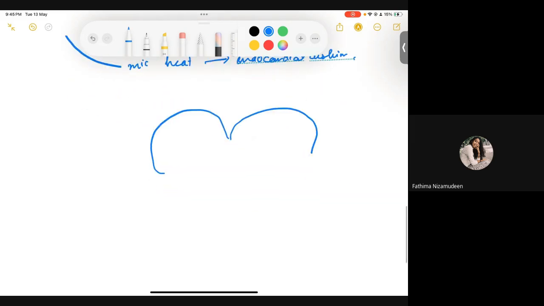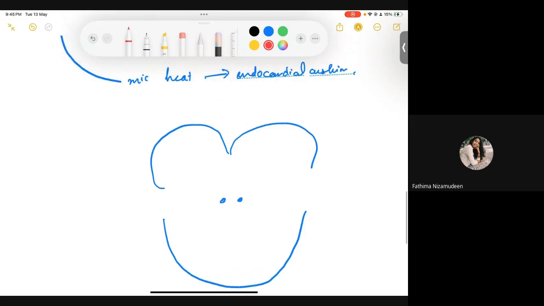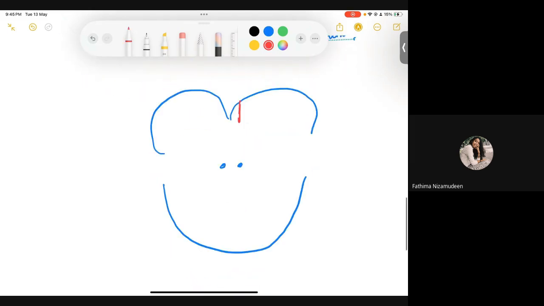And what these endocardial cushion cells are going to do, like as Dr. Moaz discussed, we have atria and we have ventricles, and here we have endocardial cushions, which are migrated mesodermal cells, or which are your neural crest cells. Is that clear? Okay. And as Dr. Moaz mentioned, we have like septum primum, which is coming here, right? It's going to get attached to your endocardial cushion, and then we are going to have a foramen and secundum, right?